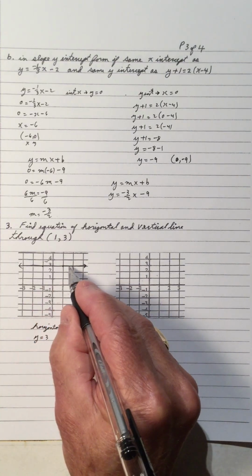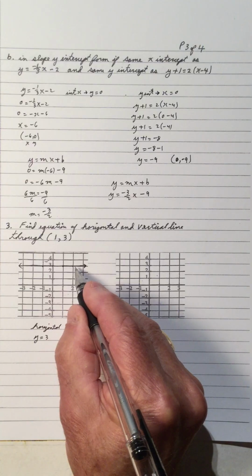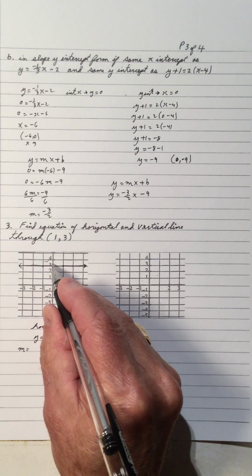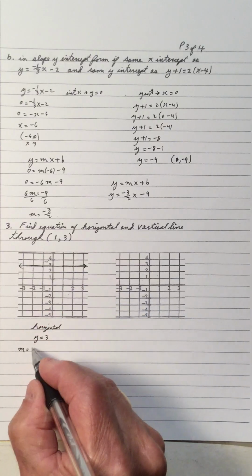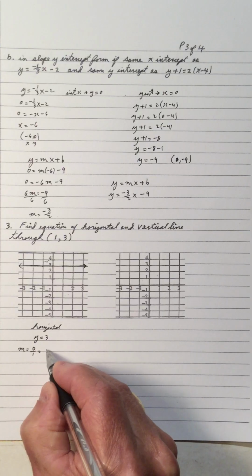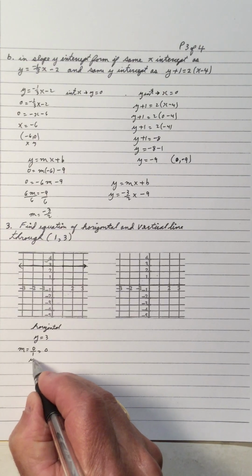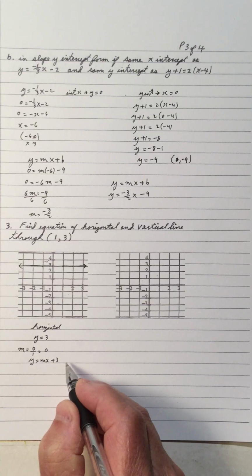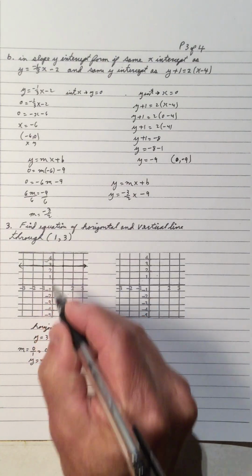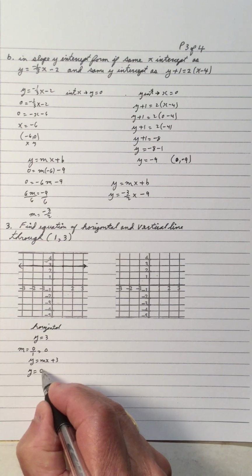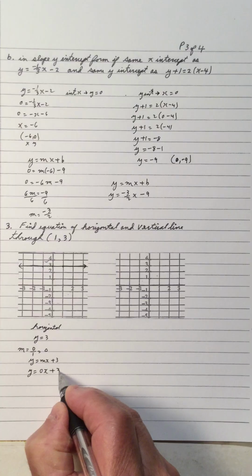Another way to do it is that the slope of this line, the slope is rise over run. So if you go from one point to another one, the rise is 0 and the run is 1 or 2 or 3, so the slope is 0. So you could have y equals mx plus b. So we have a y-intercept of 3 and we have a slope of 0, so y equals 0x plus 3.